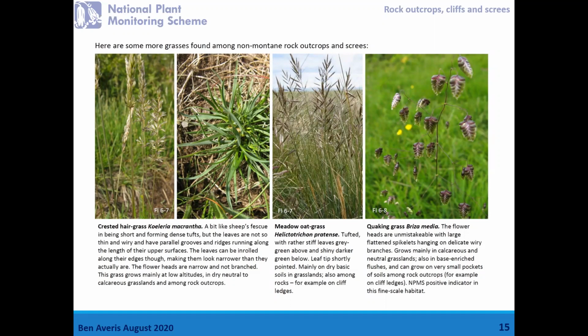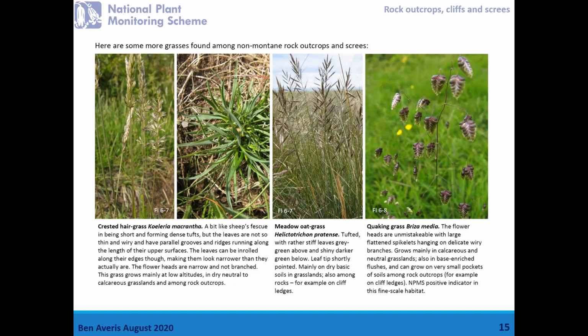Oak-quaking grass, the final one. The leaves are really quite ordinary looking. They're a few millimeters wide and nothing very distinctive about them at all, but the flowering stems are totally unmistakable. That flowering head with those dangling down wide, flattened spikelets. Nothing else like it. Never mistake that.